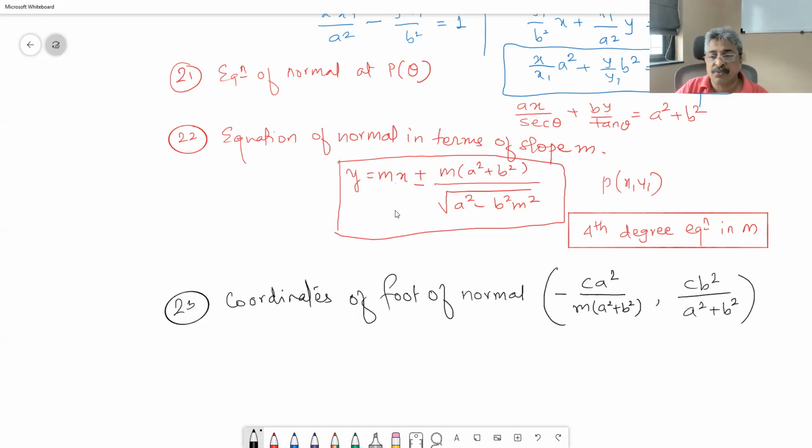These are the coordinates of foot of normal. That completes our basic properties of hyperbola.